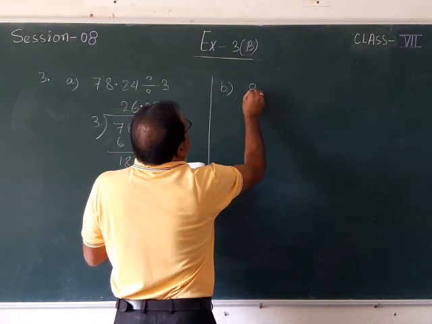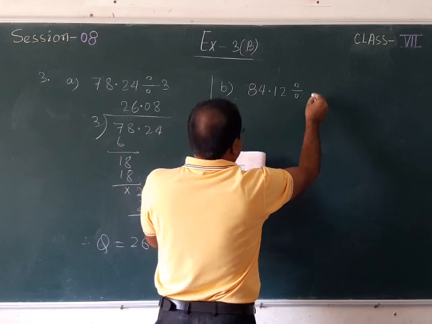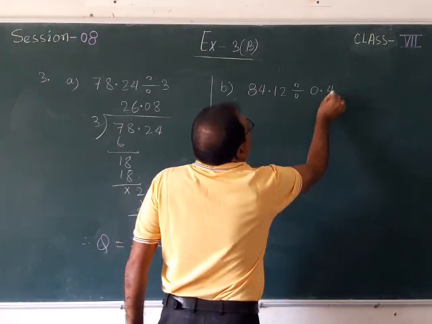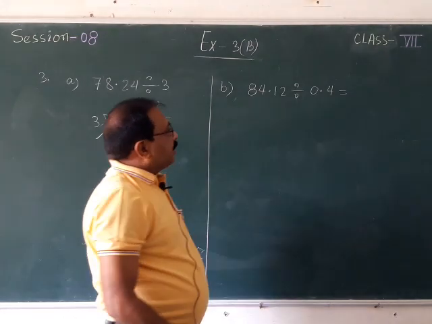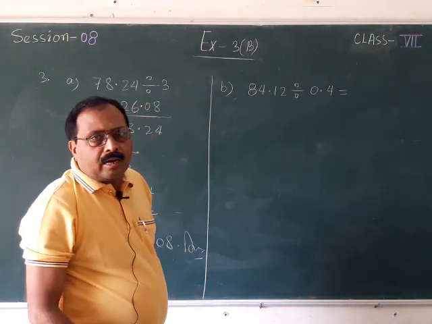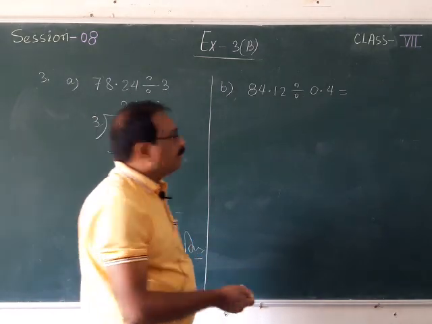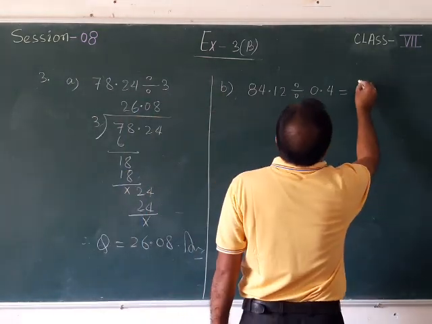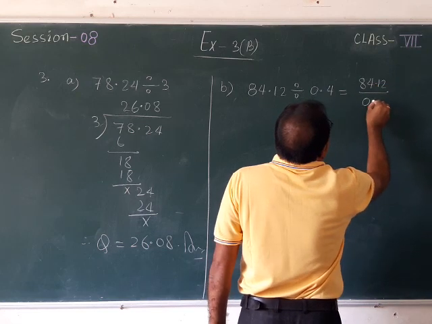It is 84.12 and divide it by 0.4. First of all I have told you that if you are looking at decimal numbers and they are not like decimals, then first of all you will change them into like decimals. How will you change them? 84.12 upon 0.4.